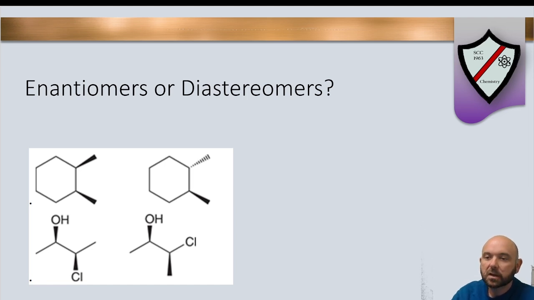And since to draw enantiomers you always flip every dash to a wedge, we can feel pretty confident in saying that those two molecules are not enantiomers of one another, but these two would share a diastereomeric relationship, and so these two molecules are diastereomers of one another.